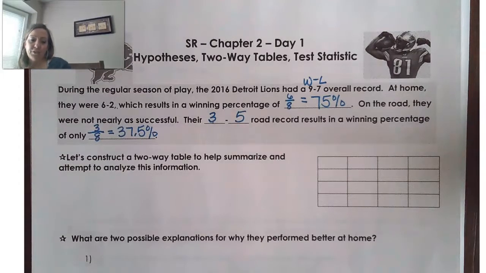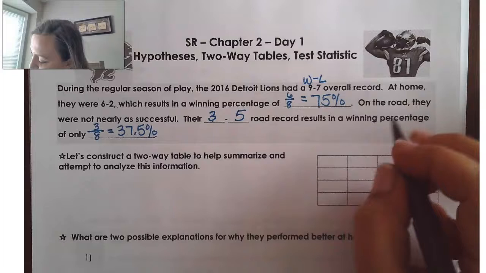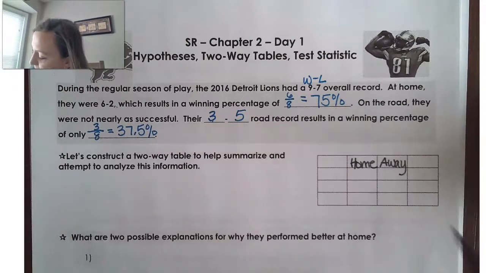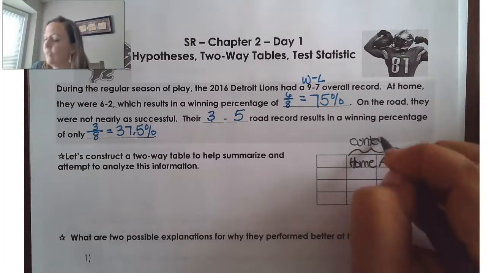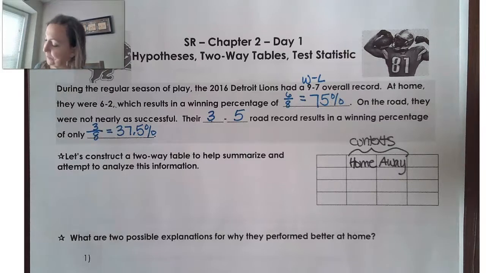So one of the things we're going to do is construct a two-way table to help us summarize and analyze the information. In a two-way table, usually I like to put the 2 different contexts as the columns. And in this problem, the 2 contexts are home versus away. There could be lots of different contexts, like right versus left, home versus away, blue uniforms versus white uniforms, that kind of thing.